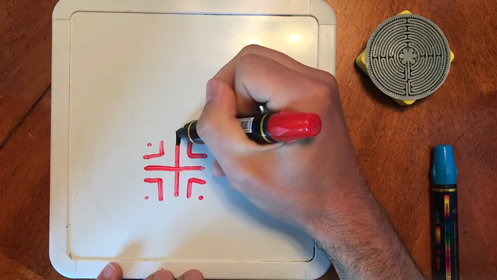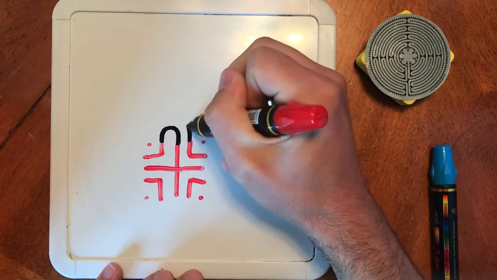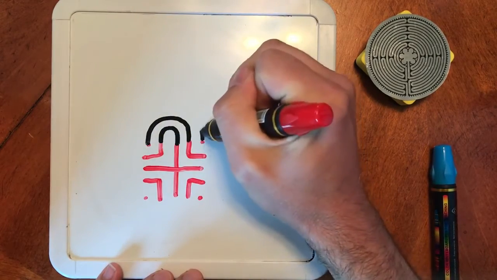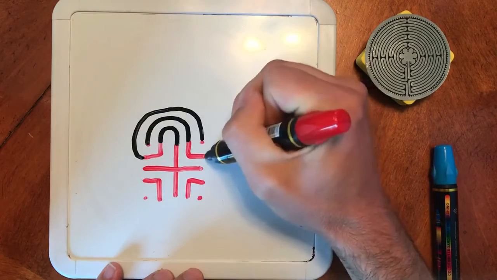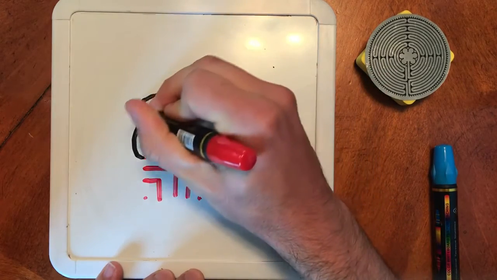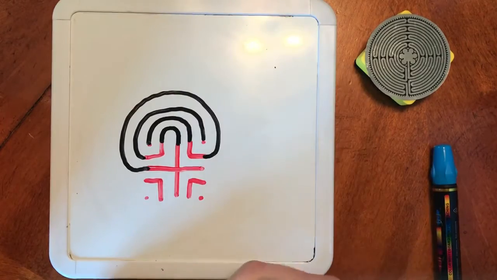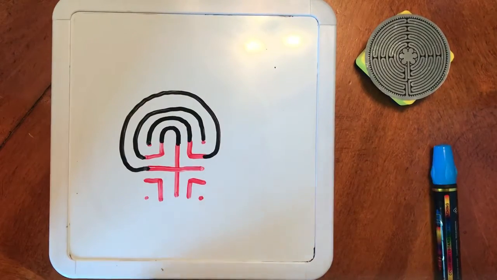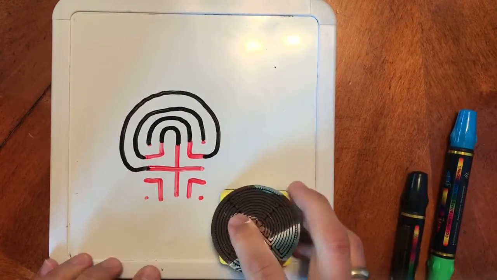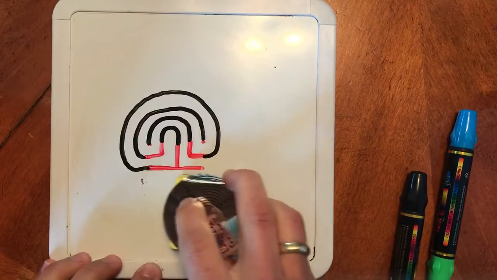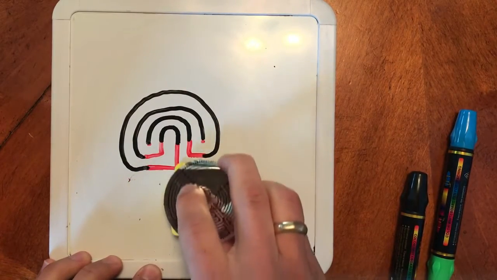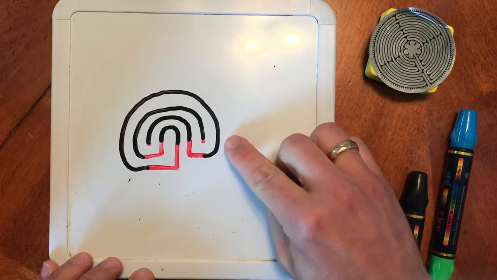So if I'm going to go up and over 1, 2, 3, 4 lines make 3 circuits, and then I stop halfway through and I actually erase the bottom half of that seed pattern, then there is a 3-circuit classical labyrinth.